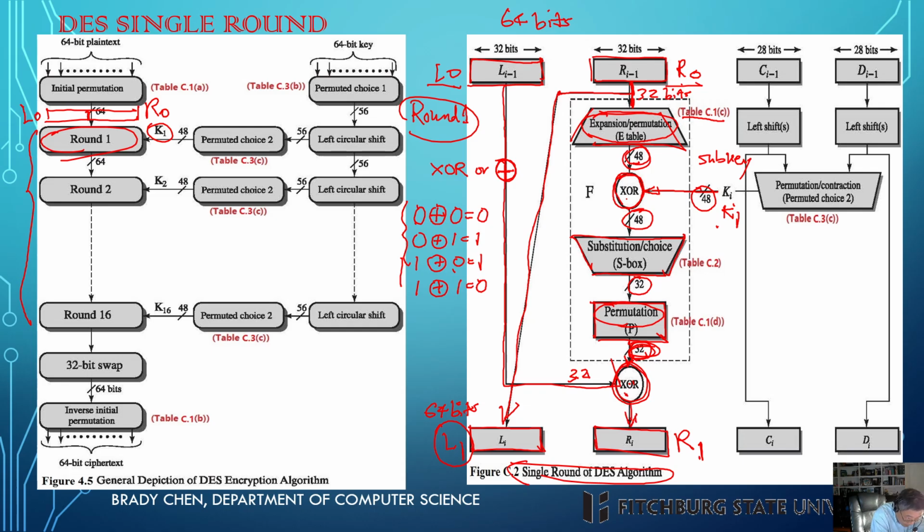All these processes put together, shown with the dashed line, we call the F function.